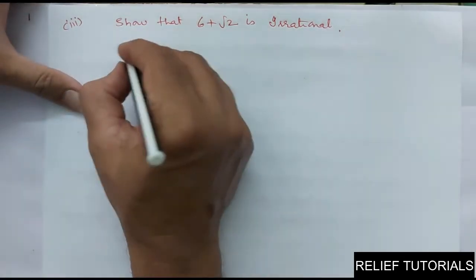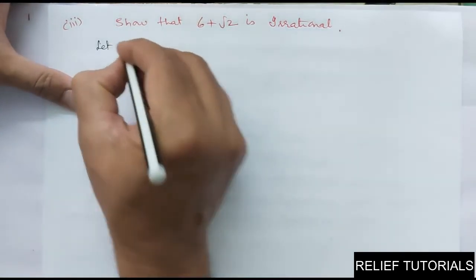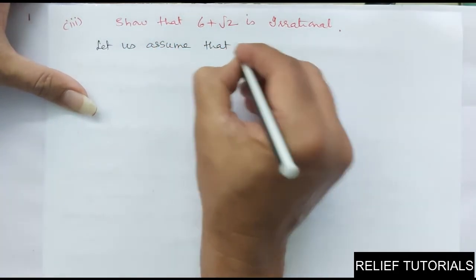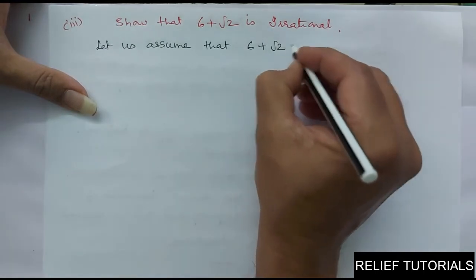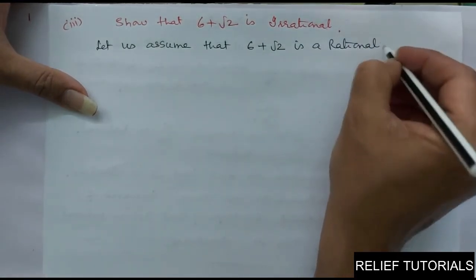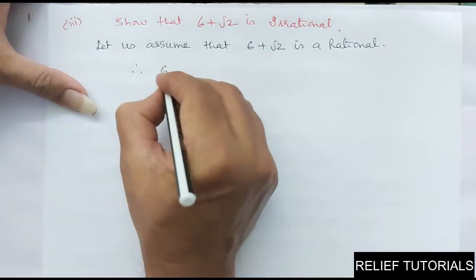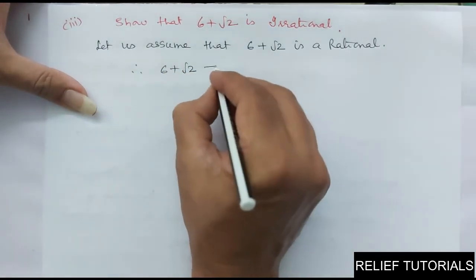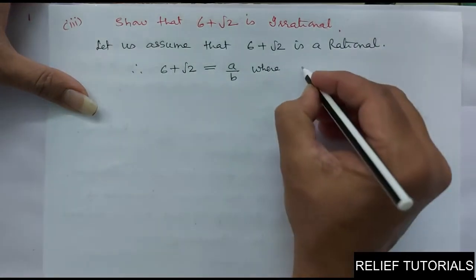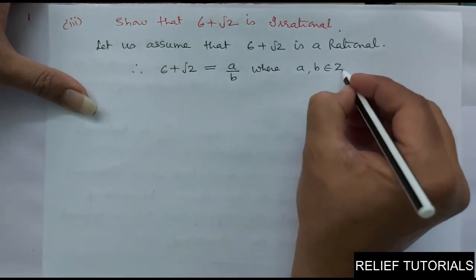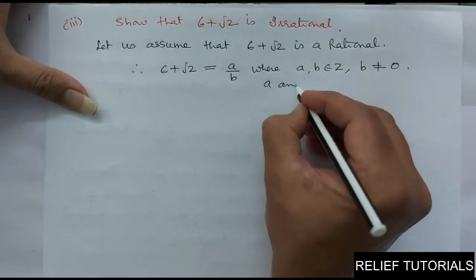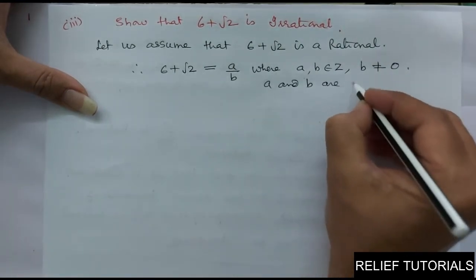So now let us assume same step. Let us assume that 6 plus root 2 is rational. So therefore 6 plus root 2 is rational, so it can be expressed in the form a by b, where you know a comma b belongs to integer, b is not equal to 0, and a and b are co-primes.